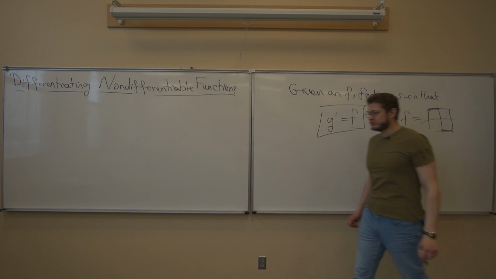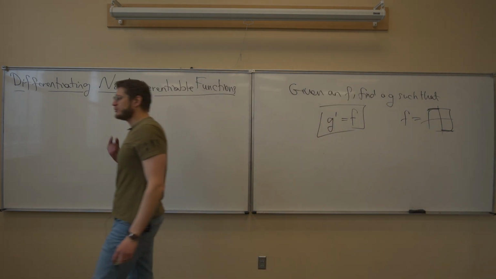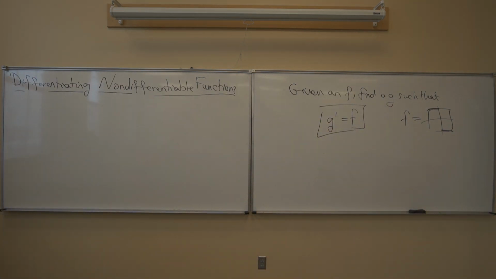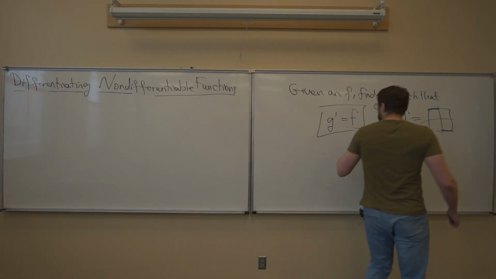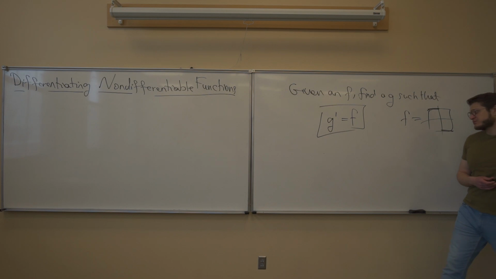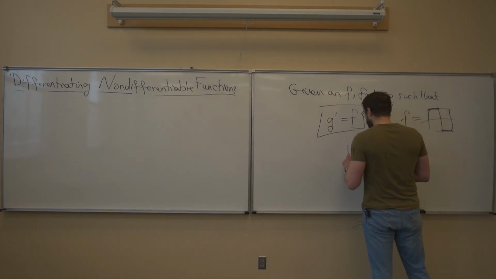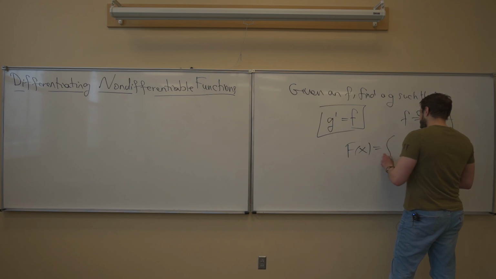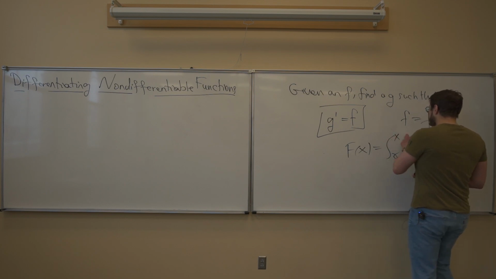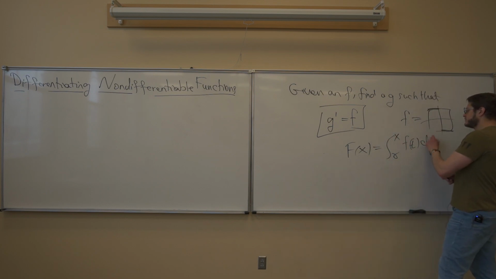Then we said that this has no solution, and then we started interpreting this equation in a weaker sense. And we came up with this idea. This was the lead up to the fundamental theorem of calculus. We, for instance, defined f of x to be the integral from gamma to x of f of t dt.